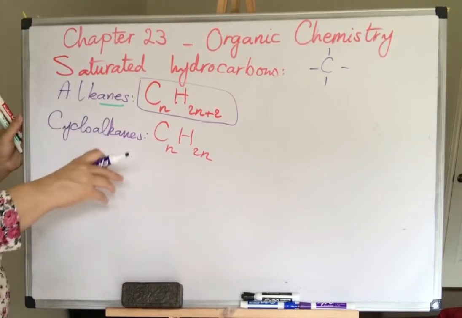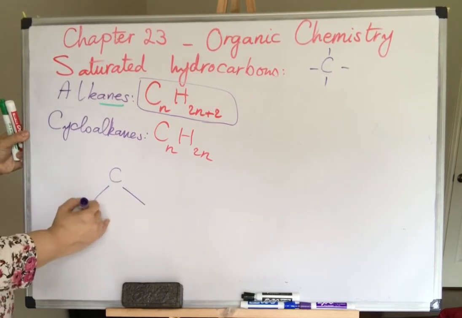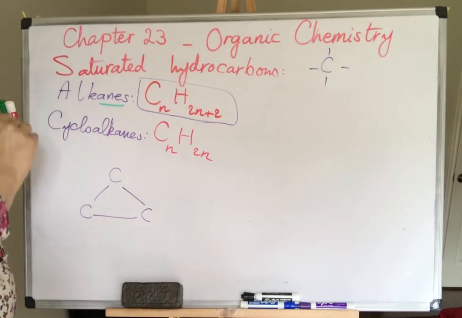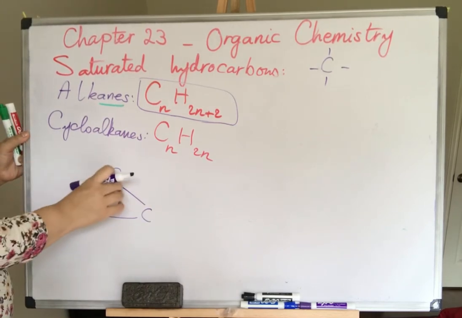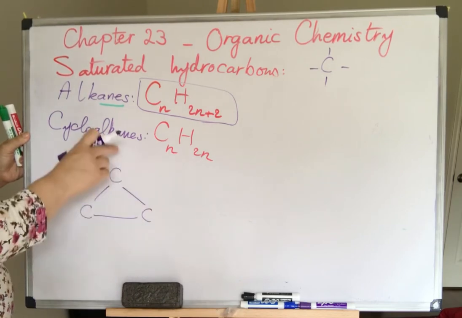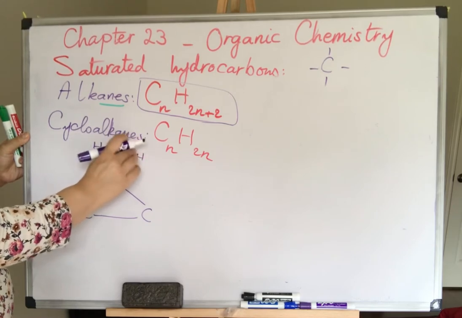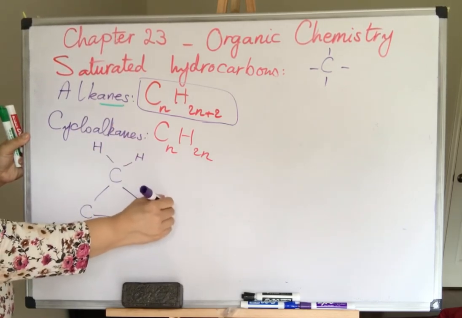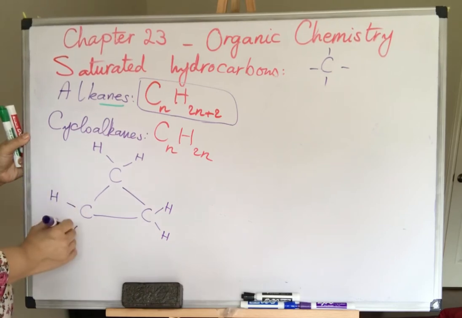The smallest cycloalkane is this 3-membered ring, because you cannot have a ring with 2 carbons, right? How to complete the octet, how to complete the 4 bonds? Every carbon needs 2 hydrogens, correct? Okay.